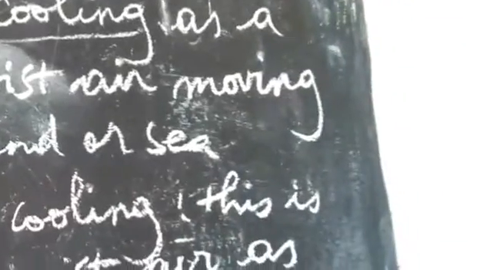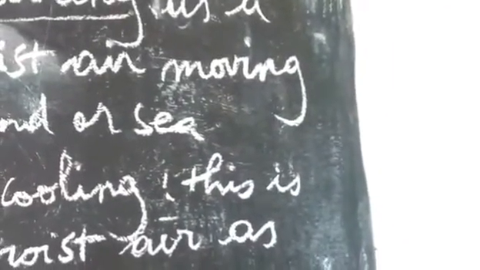Next, let's look at advection as another cause of condensation. Advection cooling is a result of moist air moving over a cold land or a cold sea.